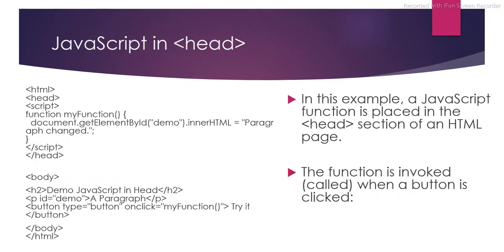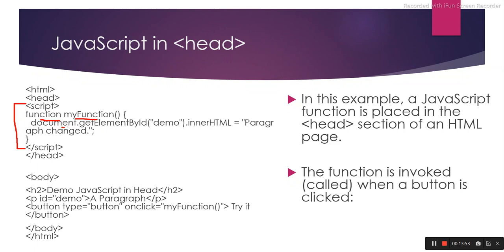Okay, so here this example shows a way of writing the JavaScript in the head section. You can look here, I am writing a script. I am writing JavaScript which has a function called myFunction.